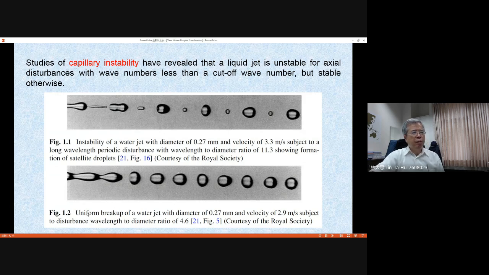They show the wavelength to diameter ratio in figure 1.1 is 11.3, but for figure 1.2, just a smaller one, 4.6. At these conditions, you can have a nice droplet broken from the liquid jet. You can see this is an early breakup.